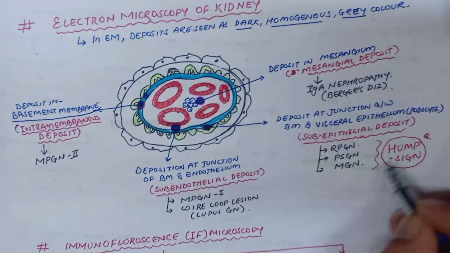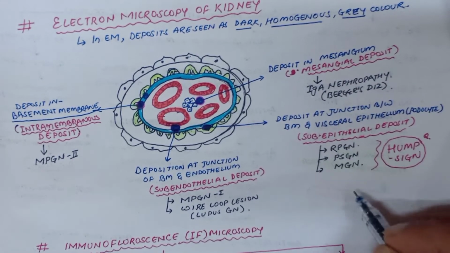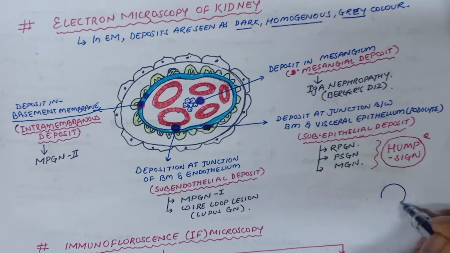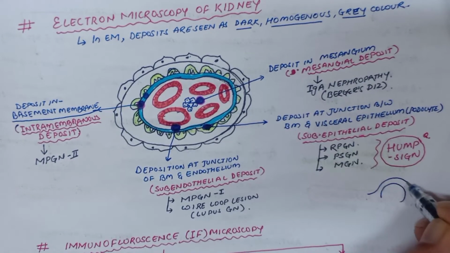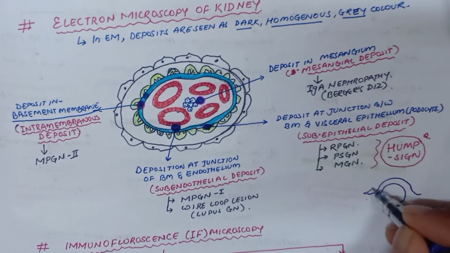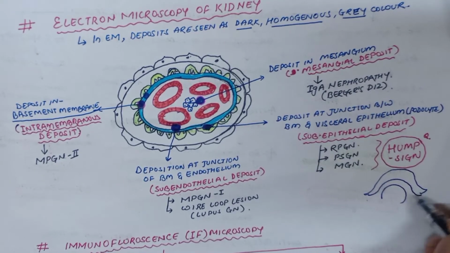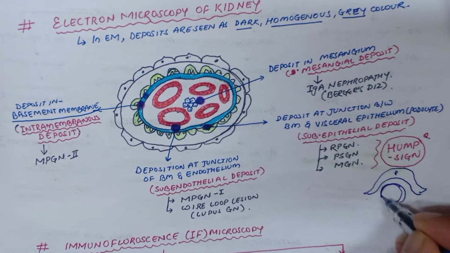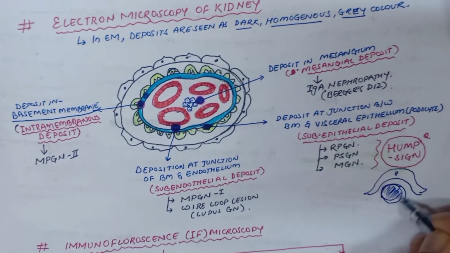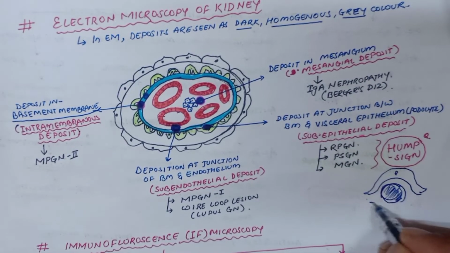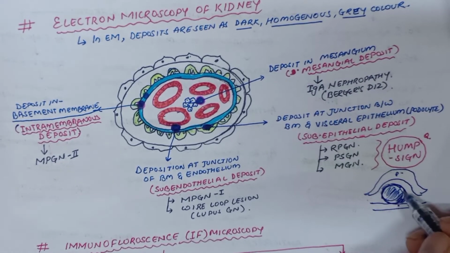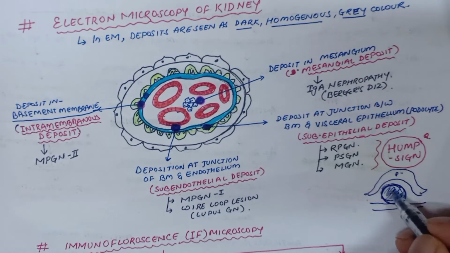And this will be seen as hump sign. So it is seen as lumpy, bumpy, humpy sign. Huge deposit can be seen below the epithelial layer. So this is the podocytes, and below the podocytes you will see a lumpy, bumpy deposition, between the podocyte and the basement membrane. This deposit is also known as hump sign.